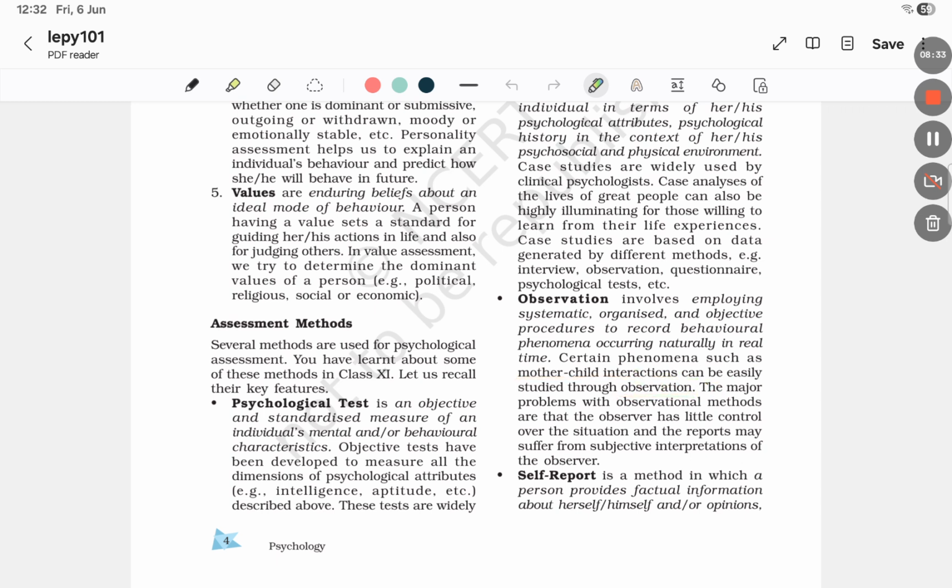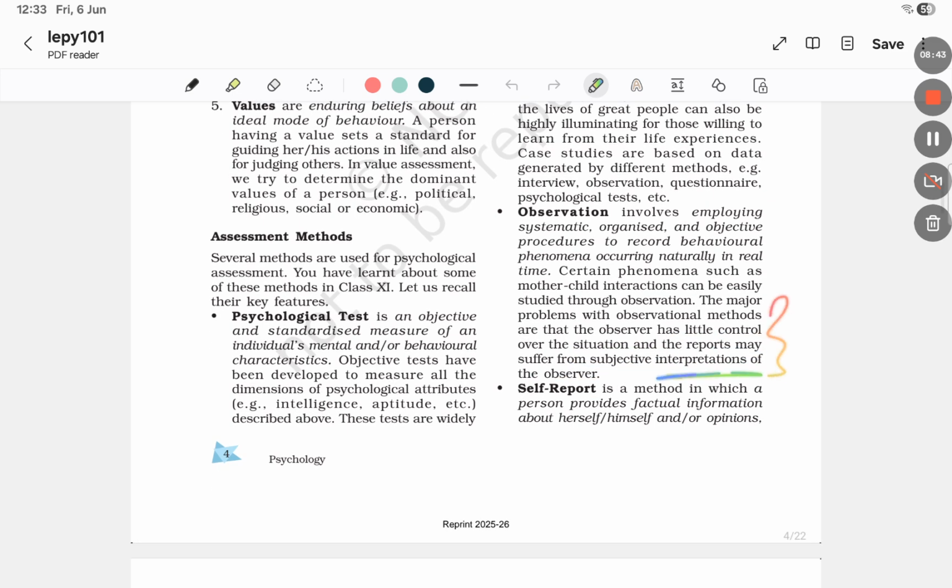The major problem with observational methods is that the observer has little control over the situation and the reports may suffer from subjective interpretation of the observer. So this part is very important because it states two problems with the observation method. So what are these two problems? First, it is open to subjective interpretation. What does this mean?